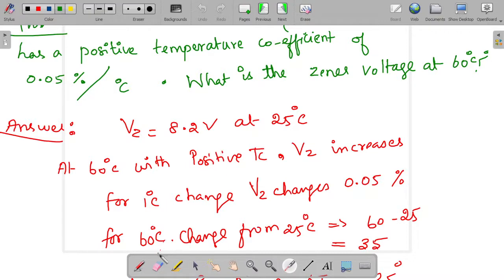And then for 60 degree centigrade, which is changing from 25 degree centigrade, how much actually is the change in the temperature? We need to calculate that, del T. So del T is equal to 35 degrees. Very simple.